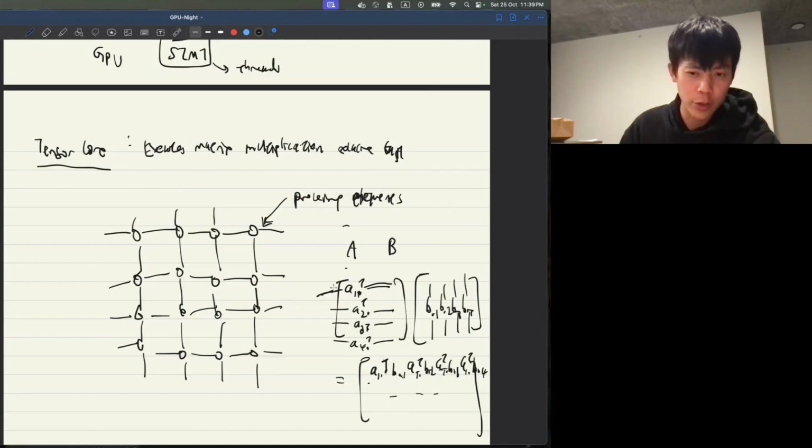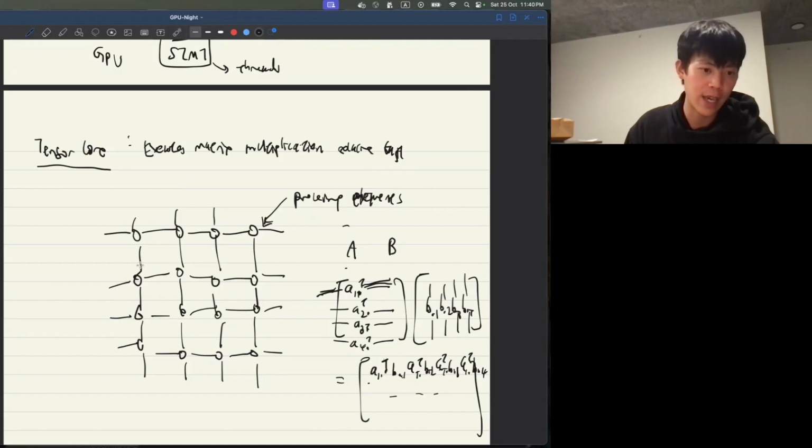You're going to read in the first row of A, and you're going to read in the whole matrix B just to get the first row of the resultant matrix. Then what are you going to do? You're going to read in the second row of A, and then you're going to read in the whole matrix B again. But that's redundant, right? You're reading in B multiple times. Can you read B just once and get the result of this matrix multiplication?